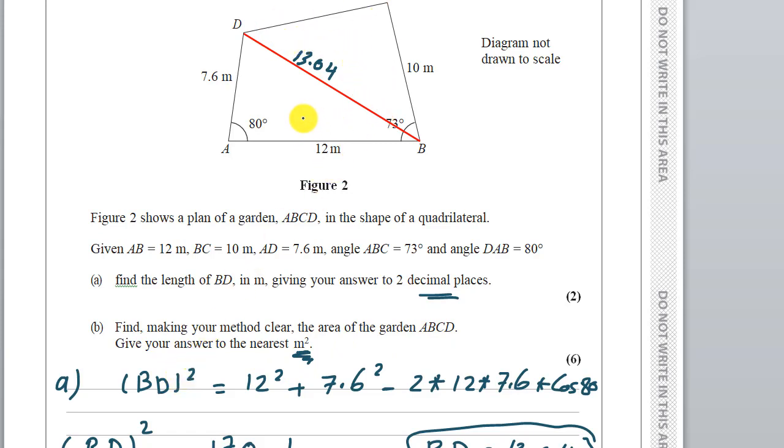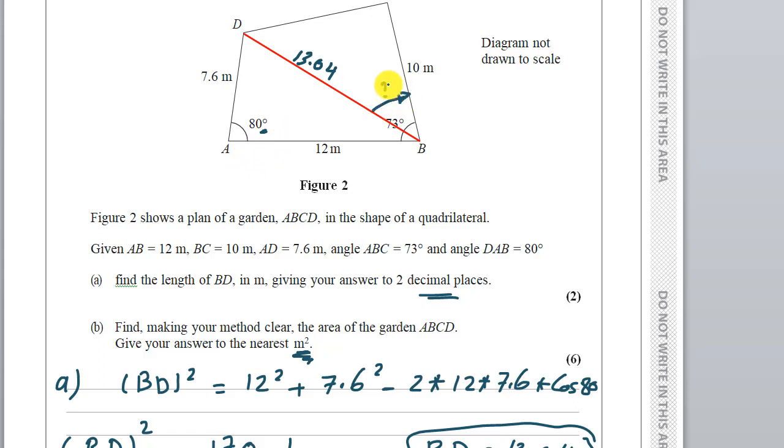This garden consists of two triangles. The first one is ABD, this is the first one. The second one is CBD. To find the area of the first triangle, we have the area is half 12 multiplied by 7.6 sine 80. For the second triangle, I need this angle.